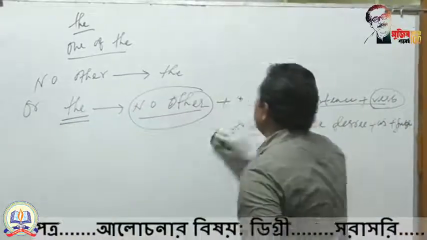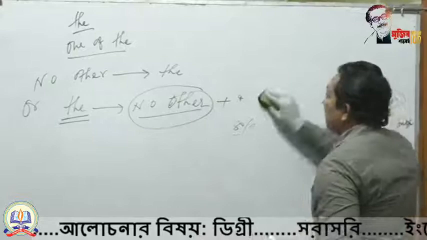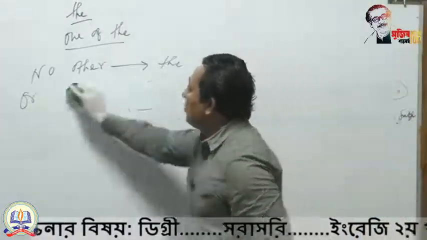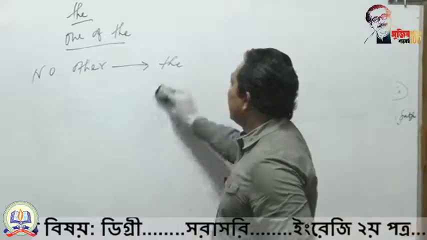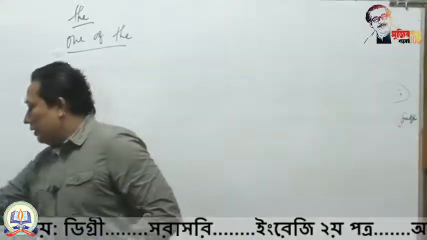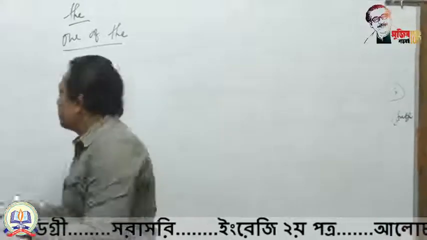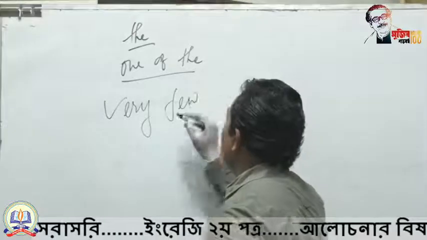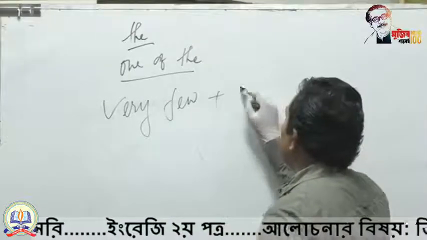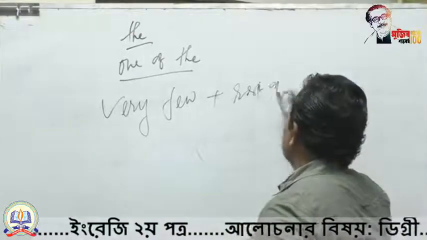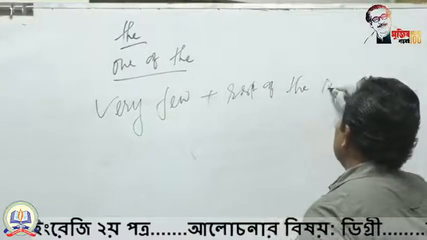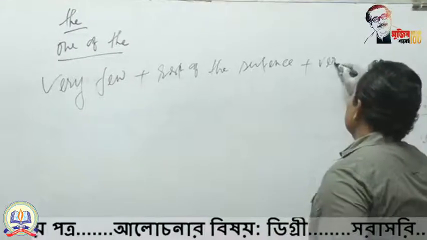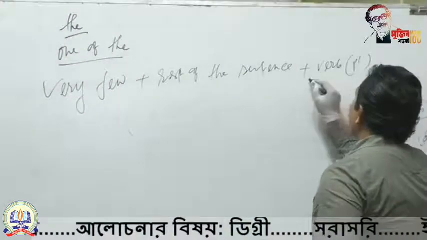If you find the superlative degree started with "the," it started with "the." And if you find "one of the," what will you do? If you find "one of the," you have to use "very few." Very few, plus rest of the sentence, plus verb plural form.